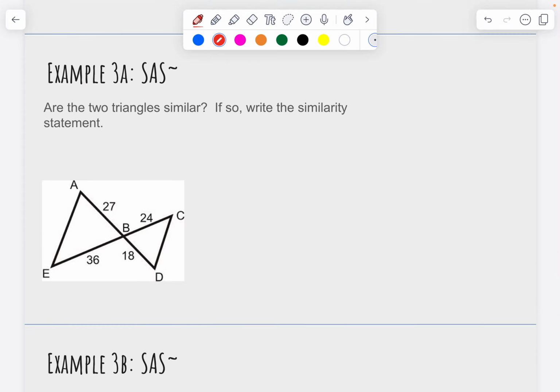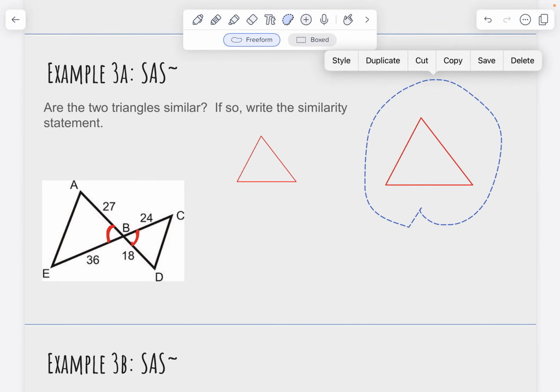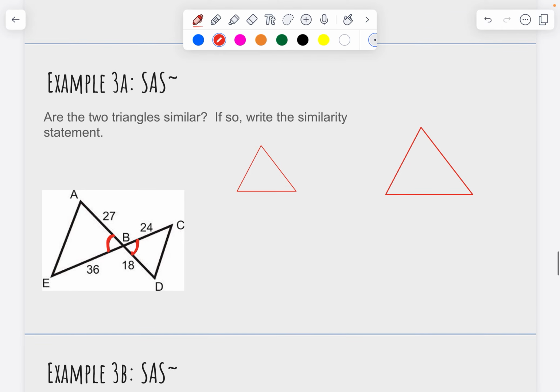So let's look at this one. Are these triangles similar? If so, write the similarity statement. I know that these two angles are congruent because those are vertical angles. I'm going to redraw these two triangles just to make it a little bit easier to see how the corresponding sides are lined up. This angle B is in both triangles, and I know that angle B is the same on both.